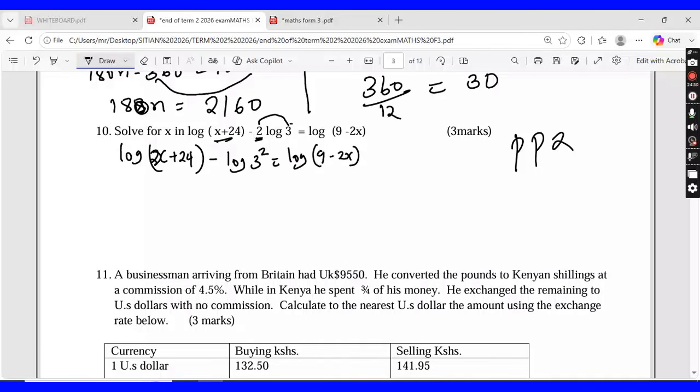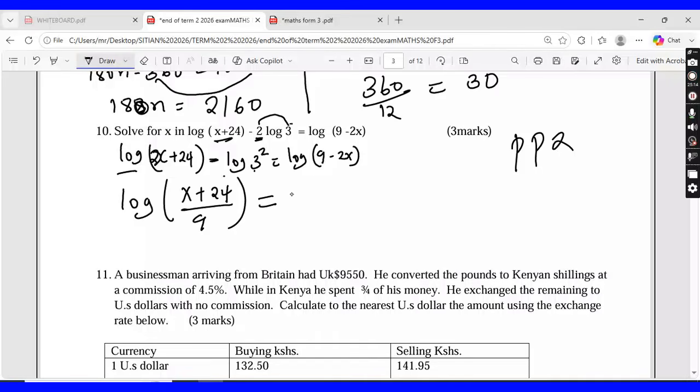So what you need to understand here is the laws of logarithms. Now you can see that the log is common. So on the left side I will say log of x plus 24. But this is minus. Minus means division. So I will divide by 9 because 3 squared is 9.